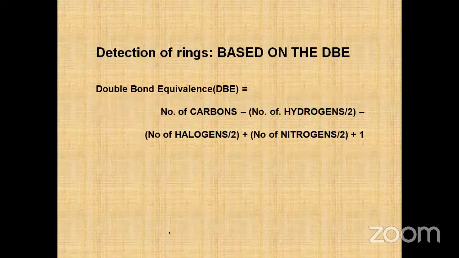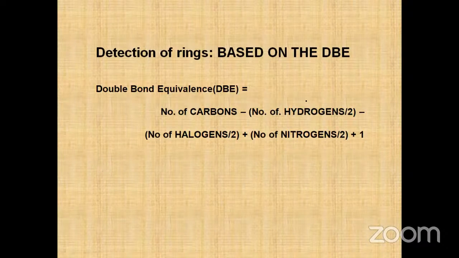Next, detection of the ring. Rings are detected by using the simple formula of double bond equivalence. Based on the double bond equivalence, we can find out the number of rings in the molecule.